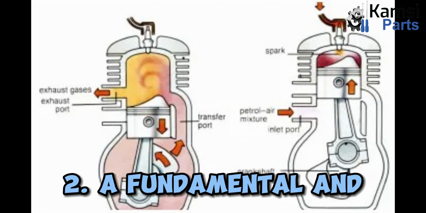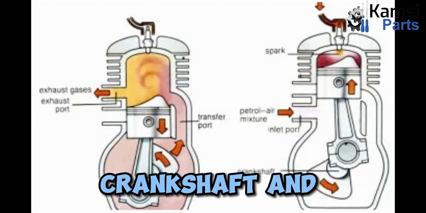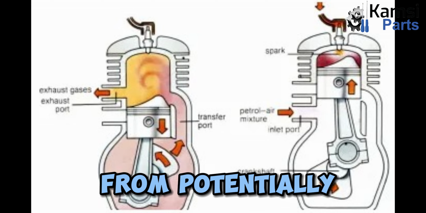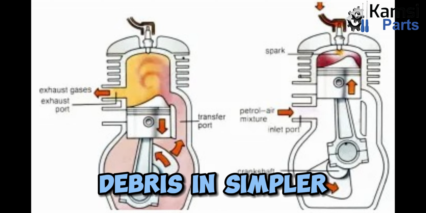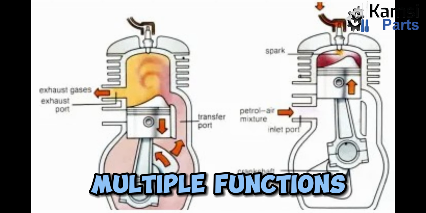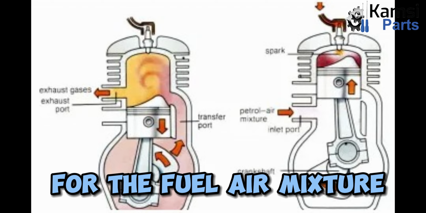2. A fundamental and consistent role of the crankcase is safeguarding the crankshaft and connecting rods, effectively shielding them from potentially damaging debris. In simpler two-stroke engines, the crankcase undertakes multiple functions, doubling as the pressurization chamber for the fuel-air mixture. 3.